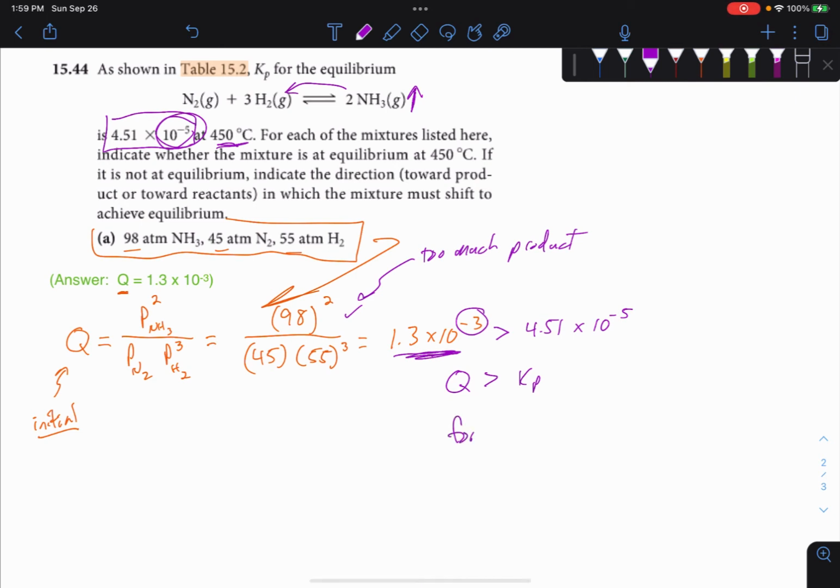So this one is going to form reactants at that particular temperature. If that was reversed, then products would form. And one particular special case to know: if Q and K are equal to each other, then the reaction is already at equilibrium. Okay, so there'd be no change.